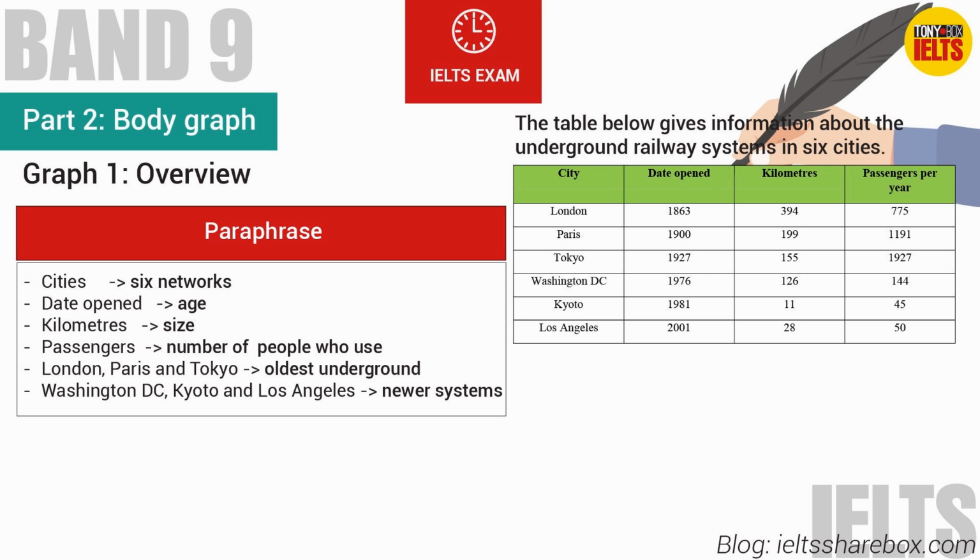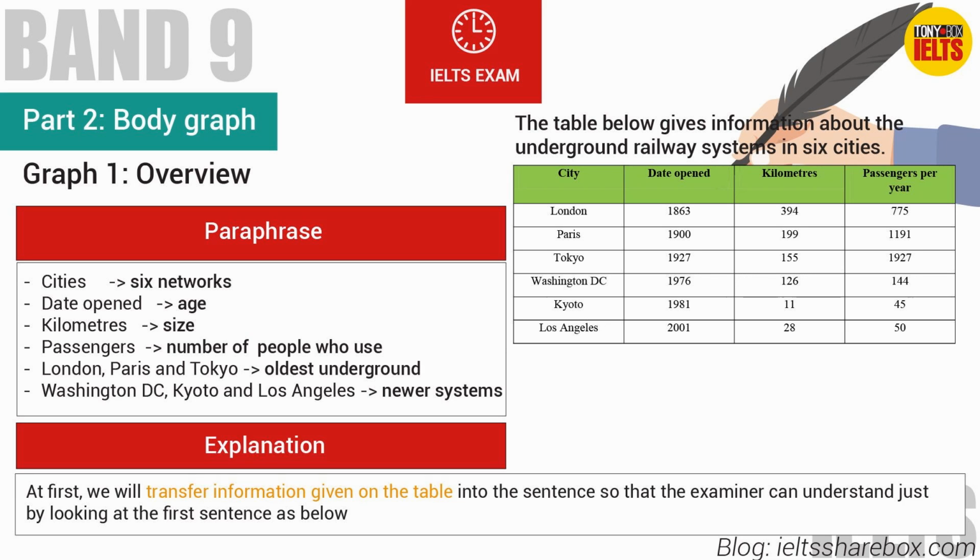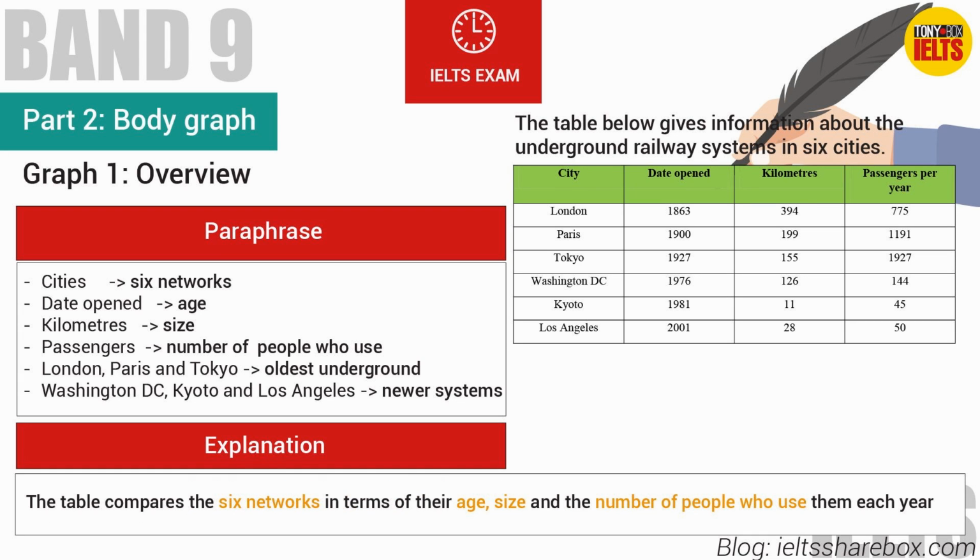Explanation. At first, we will transfer information given on the table into the sentence so that the examiner can understand just by looking at the first sentence, as below. The table compares the 6 networks in terms of their age, size, and the number of people who use them each year.